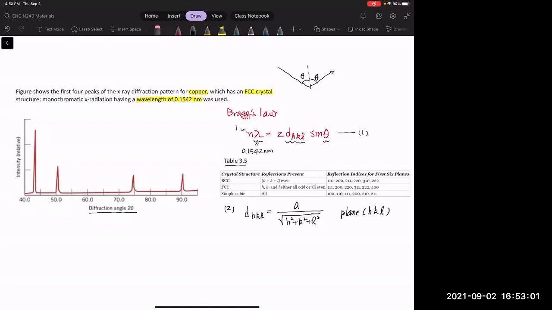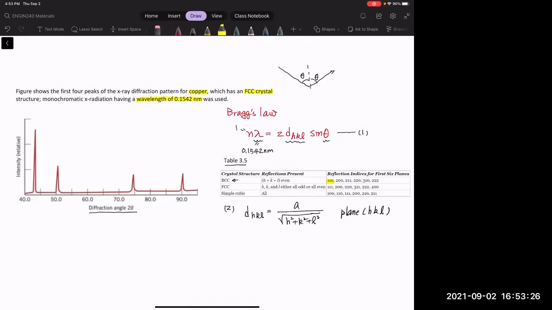Okay. So for example, if you have a BCC structure, then your h plus k plus l has to be an even number. And you can look at the right-hand side, 110, you add these 3 digits together, that would be 2. 2 is an even number.